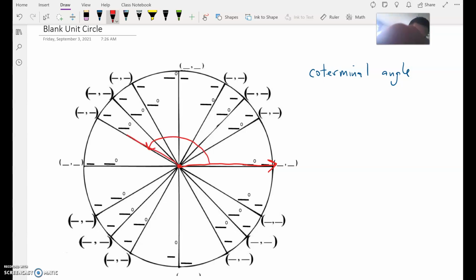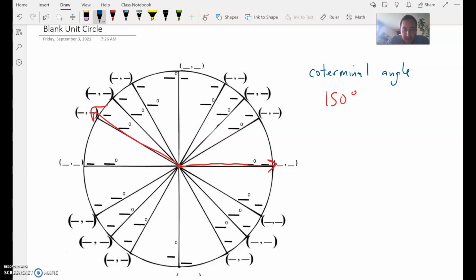Okay, that's 150 degrees. That's a 150 degree angle. A coterminal angle would be another angle that ends right here at this same spot. Because technically, it would look the exact same, but instead of 150, it would go all the way around and back. So what would that be?